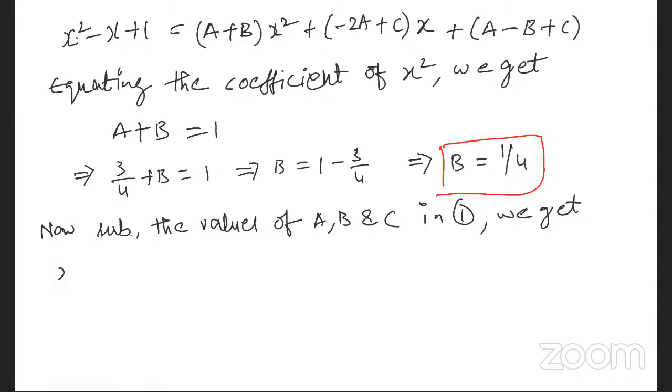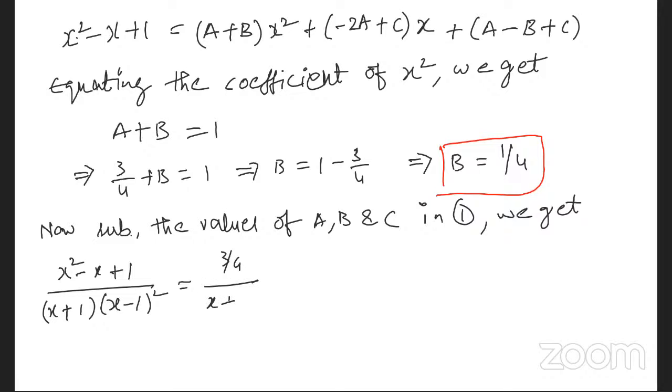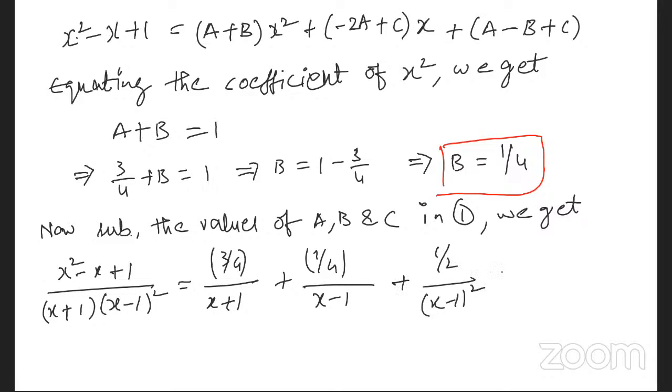Therefore (x² − x + 1) / ((x + 1)(x − 1)²) = 3/4 · 1/(x + 1) + 1/4 · 1/(x − 1) + 1/2 · 1/(x − 1)².